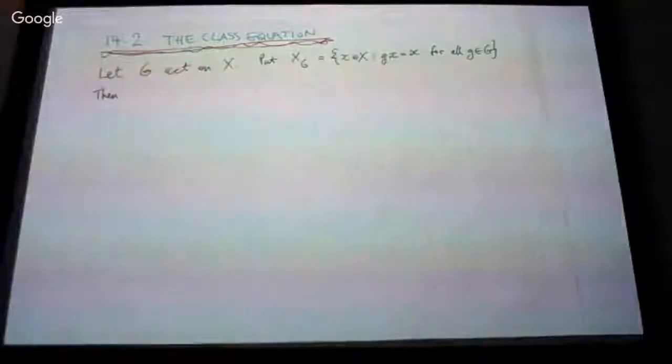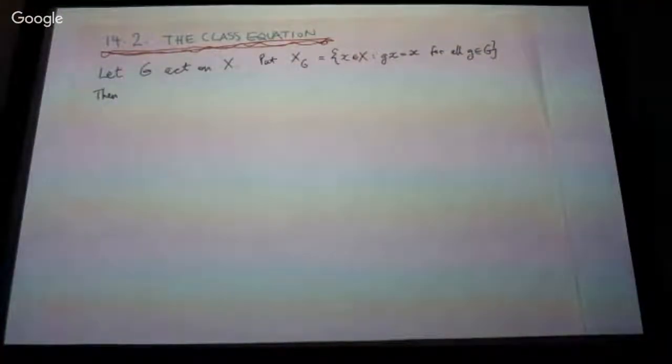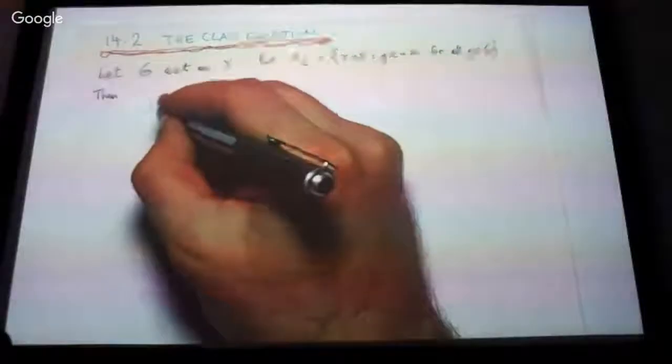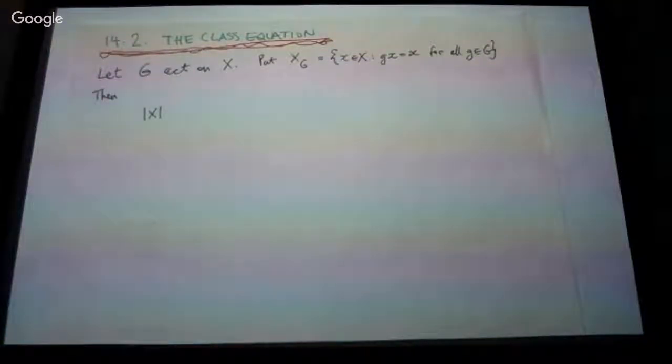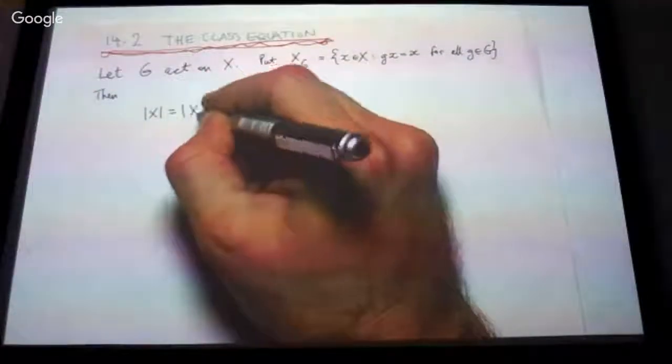So we'll put them on one side. The class equation is really stupidly easy, right? The size of the set X is the sum of the sizes of all the orbits, because every element is in exactly one orbit, except here it's put in a slightly fancy way.